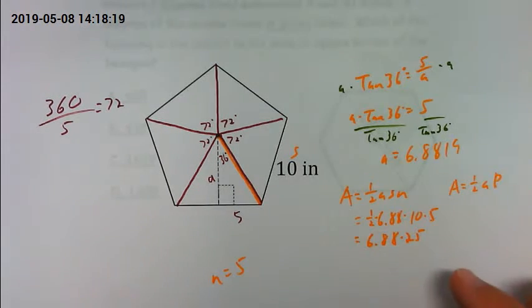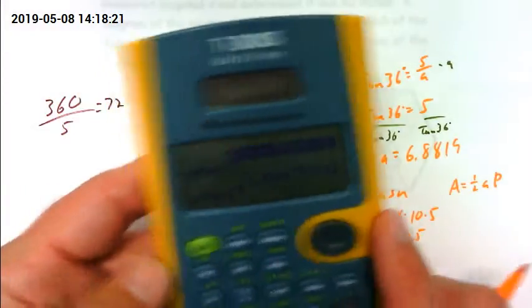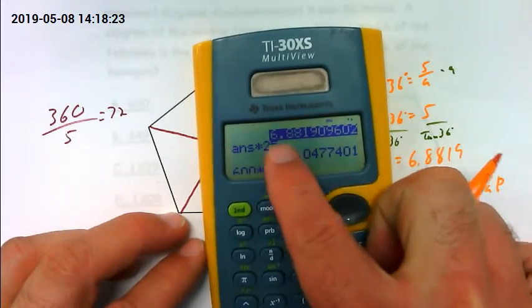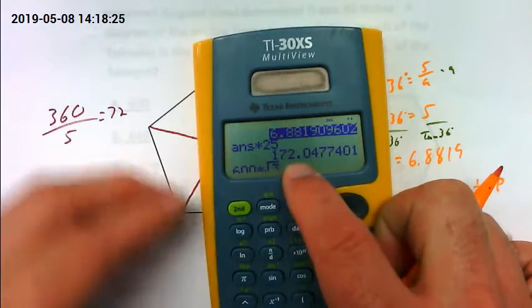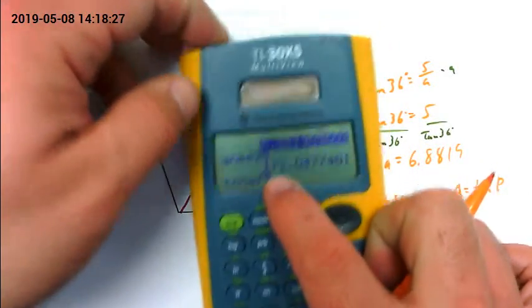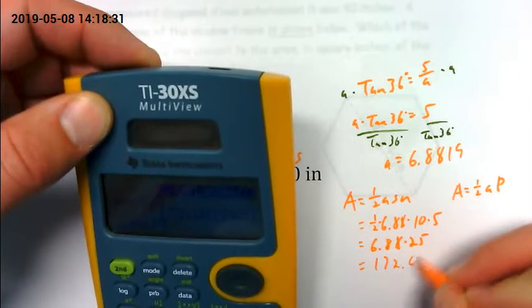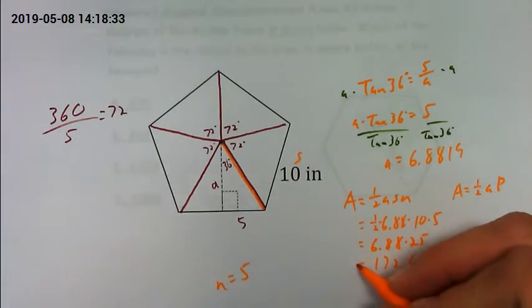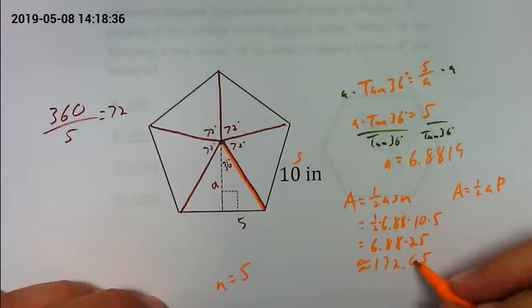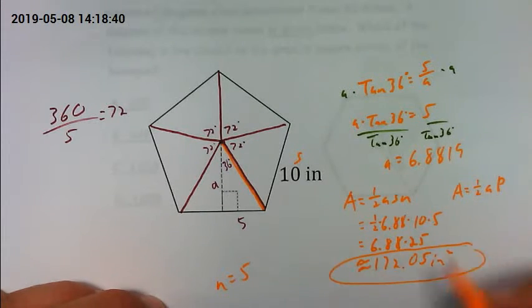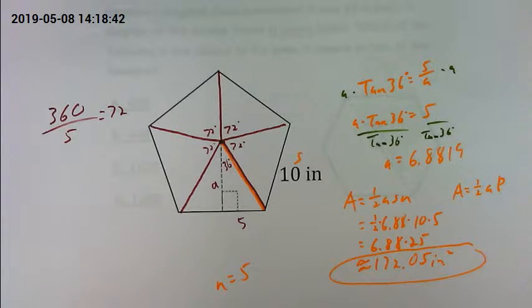So now I have 25 times 6.88. Notice, in my calculator, I just multiply then by 25. So I got 172.05. And again, that's rounded. There's a good chance if you're doing this problem on a test, because this is a problem where if you round it earlier and you're asked to round to like a hundredths place, your answer might vary slightly.